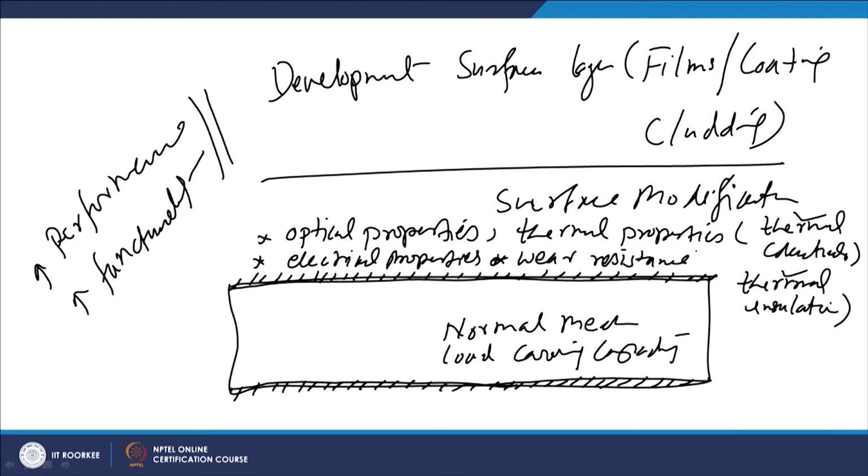So, if the substrate does not have the required set of properties for improved performance or functionality, then those properties, maybe optical, thermal, electrical, or tribological properties, are imparted. Then it will be required that the surface and near surface layers of the substrates are modified using a suitable kind of material at the surface.